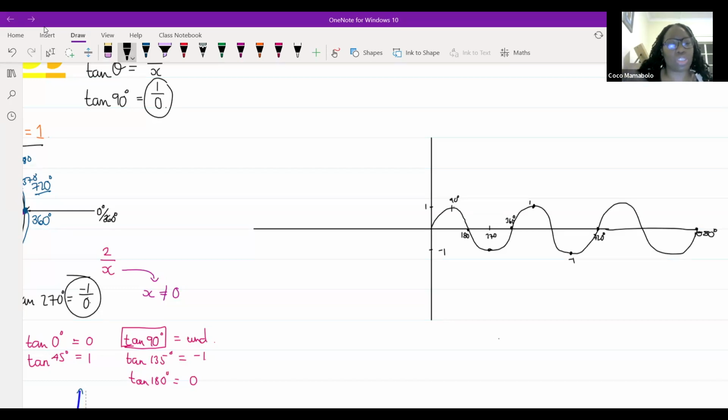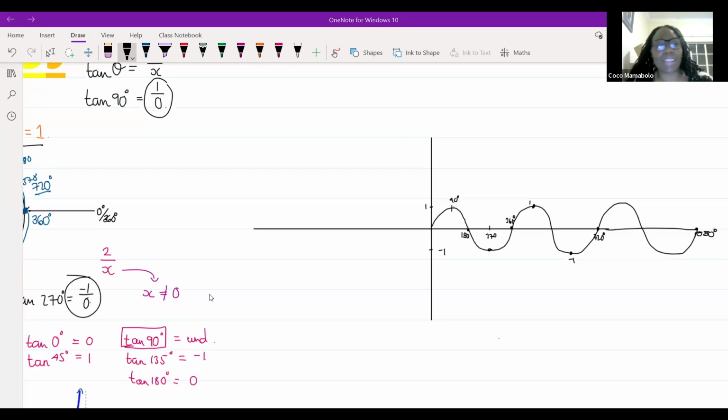Here's my next question, grade 10s. How many times can I draw this? How many times can I go around and around and around on my circle? And how many times can I draw the same sine wave? The answer should be obvious at this point.